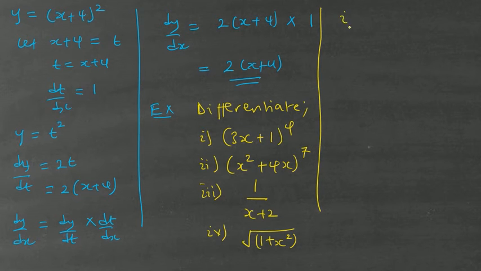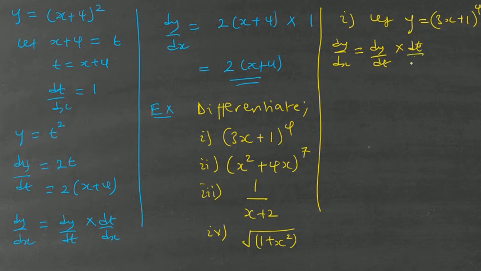Roman numeral 1. We begin by letting y equal (3x plus 1) to the power of 4. Another thing, we know our formula says dy/dx equals dy/dt times dt/dx.